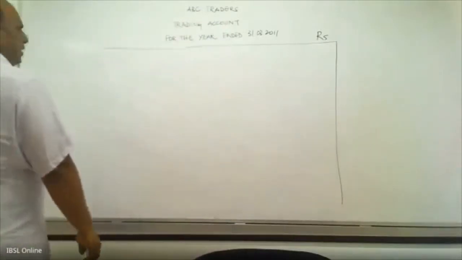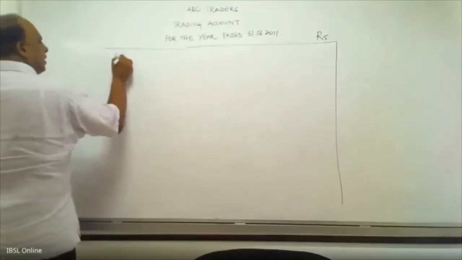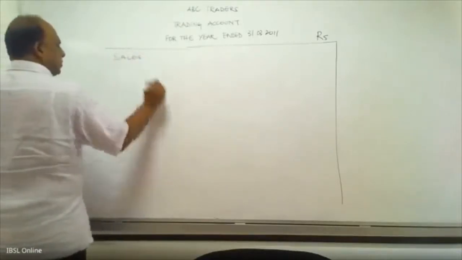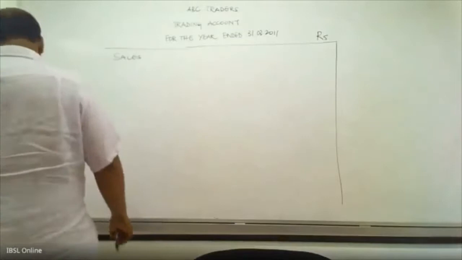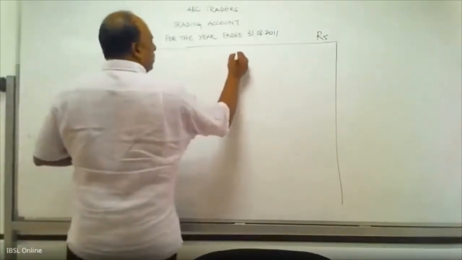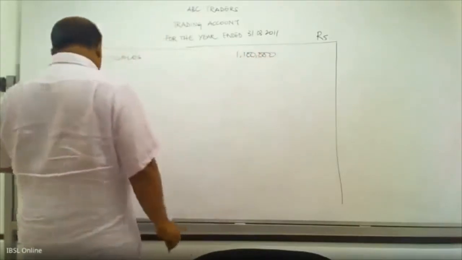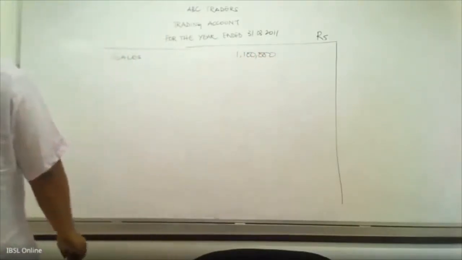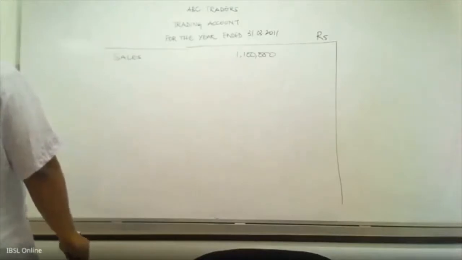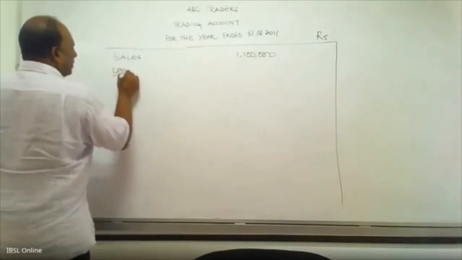So what is the structure? First you have to say sales. So what is the amount of sales? Sales is 1.1 million. Then you have return inwards. Return inwards means it's like the sales return.